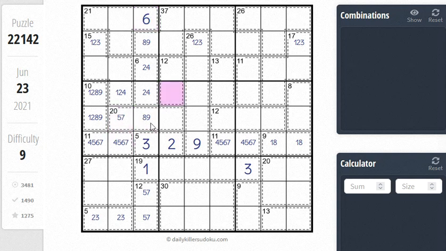And now the other thing that does is it gets rid of our 6. So this has to be 5, 6, and this has to be 7. And now 7 plus 8 is going to be 5, and then 7 and 9 will be 4. So this is a 4 or 5 possible here.